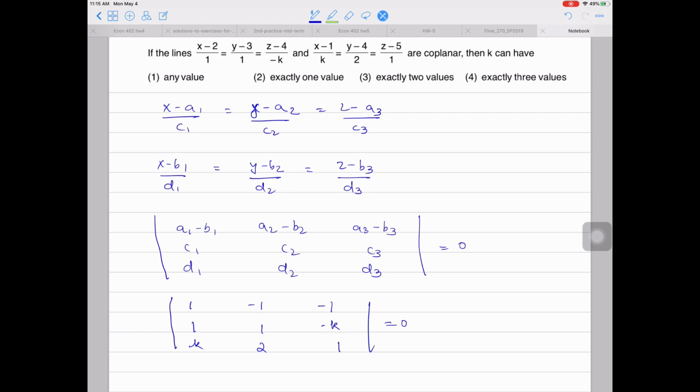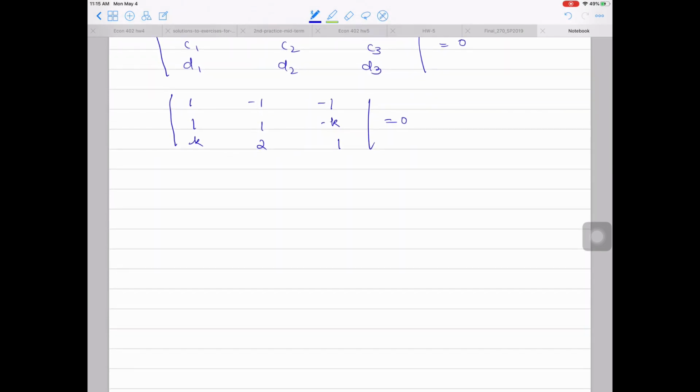So the determinant of this should equal 0. And on finding the value of the determinant, we get 1 times (1 plus 2k) plus 1 plus k squared minus 2 minus k equals 0, which means that k squared plus 2k plus k equals 0, which means k squared plus 3k equals 0.